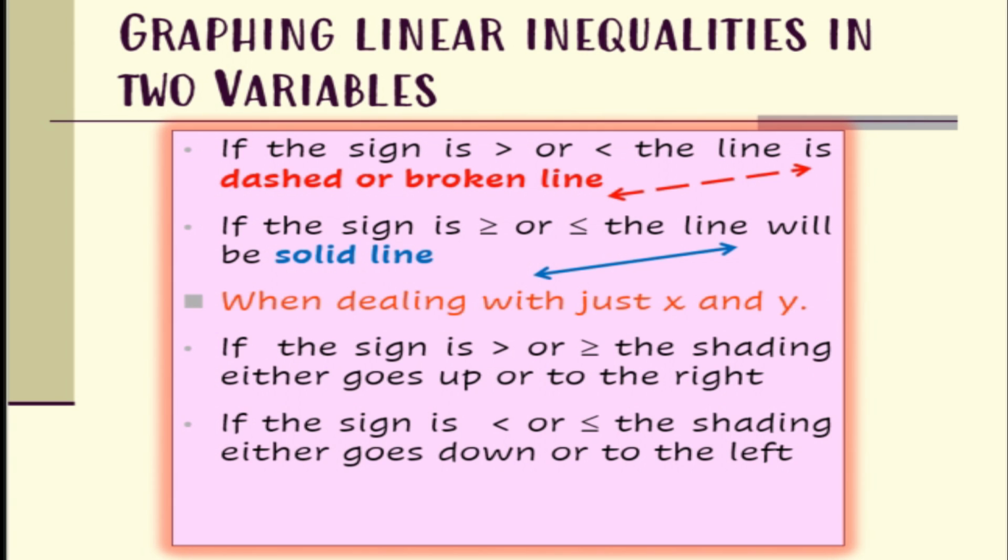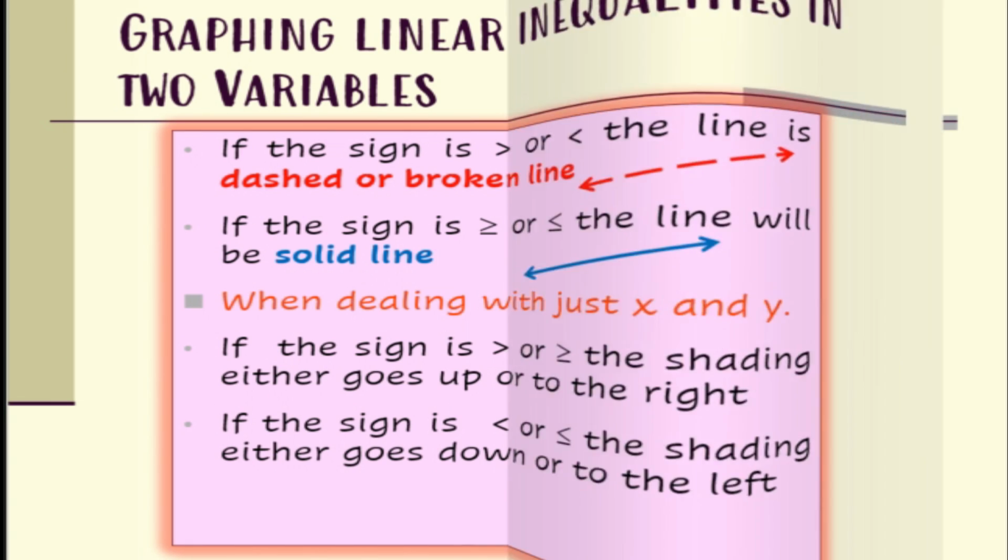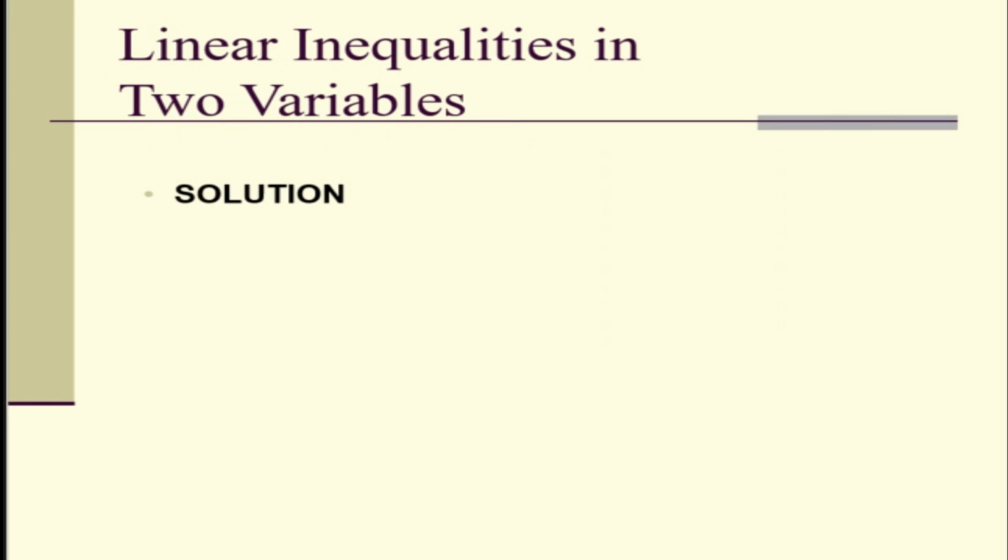When dealing with just x and y, if the sign is greater than or equal to, the shading either goes up or to the right. If the sign is less than or equal to, the shading either goes down or to the left. The solution in linear inequalities in two variables is an ordered pair that makes the inequality a true statement.